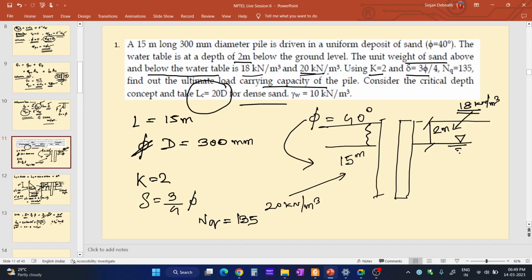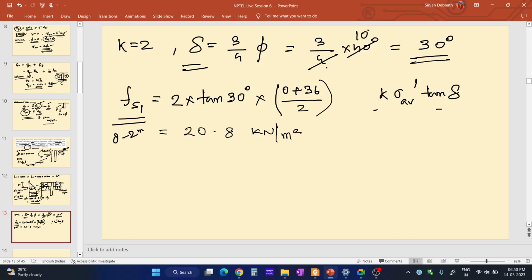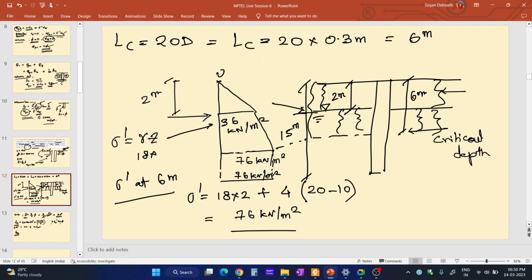Now for the second part, up to critical depth, because beyond critical depth the overburden pressure is constant. We have considered it. So we must find out the distribution of the skin friction along this part. FS2 will be from 2 meter to 4 meter, no, sorry, 2 meter to 6 meter.